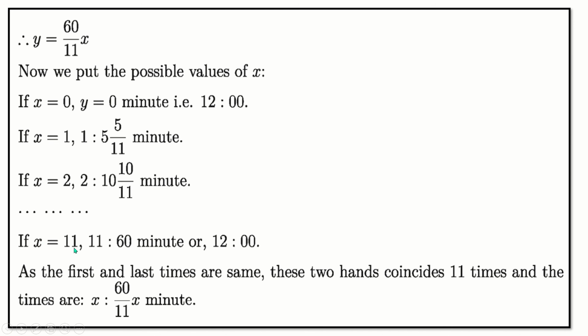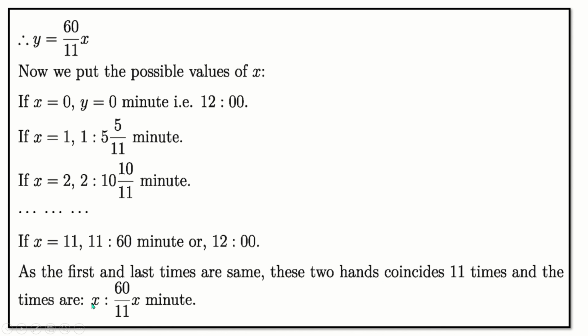But when x is equal to 11, y is 60 minutes, that means 12. So this and this are the same, as the total 0 up to 11 is 12, but the first and last cases are the same. So 11 times the minute hand and hour hand coincide. Clear?